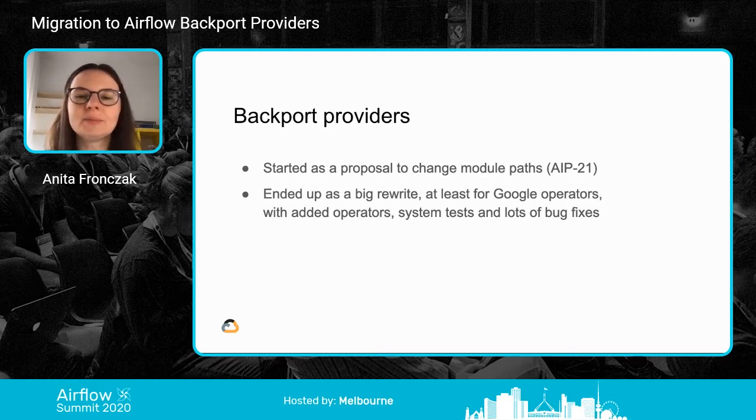It doesn't seem like a big change, just repackaging the existing providers, does it? But along the migration, it ended up as a big rewrite. Some providers were written. People from Polidea created a basic script that creates a stub for a new operator.